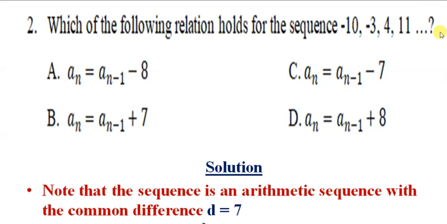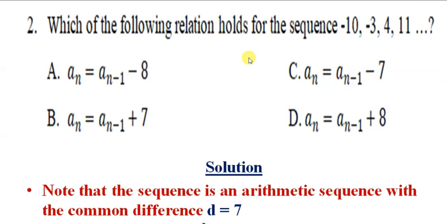Here in choice A, An is equal to An minus 1, minus 8. And B, An is equal to An minus 1 plus 7. And in C, An is equal to An minus 1 minus 7. And D, An is equal to An minus 1 plus 8.